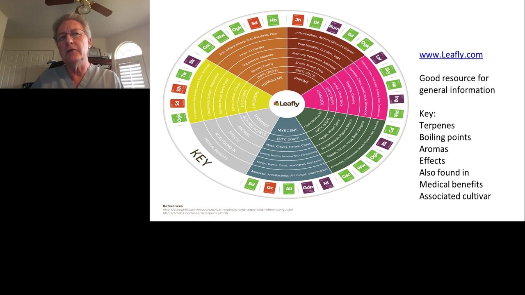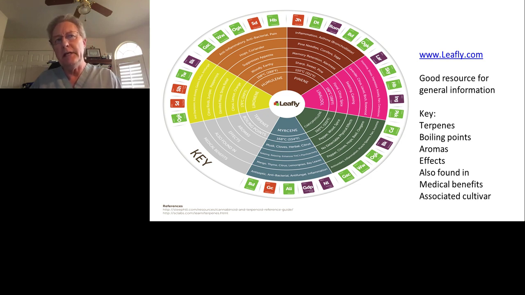So the red generally denotes a sativa dominant cultivar. Purple represents an indica dominant cultivar, and green relates to a hybrid, some having more dominant sativa or more dominant indica effects.